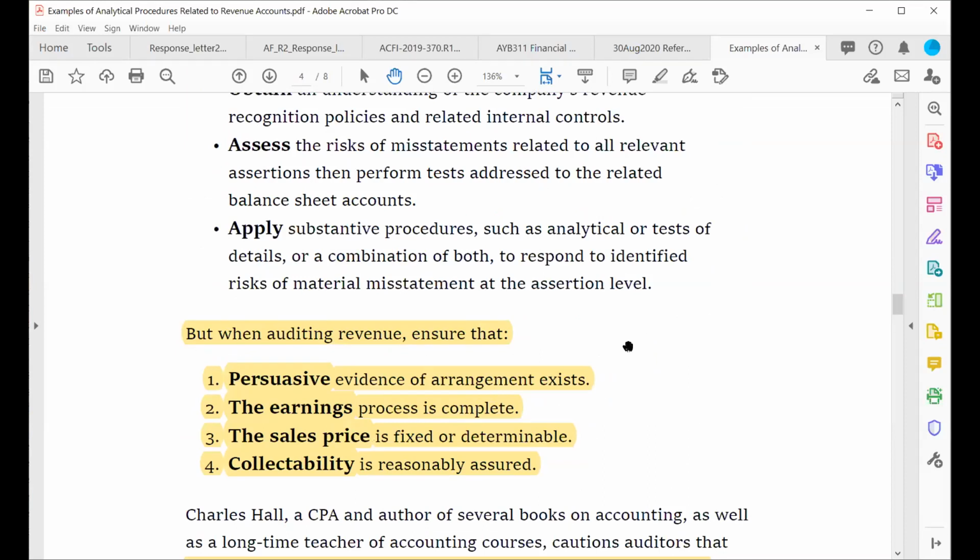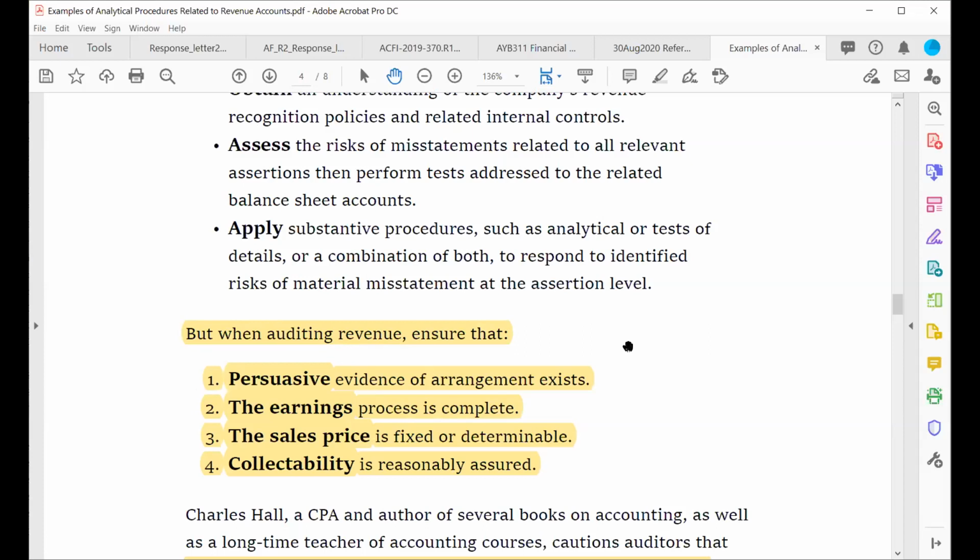First, we need to keep in mind, when we audit the revenue, we need to get persuasive evidence that an arrangement exists. So we have the persuasive evidence for the major contracts, major customers, and major credit policies.